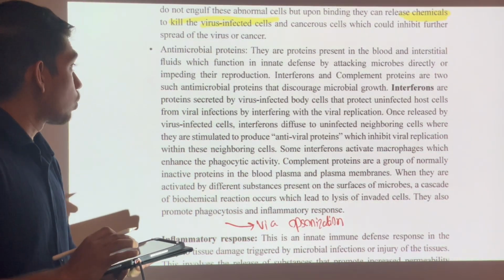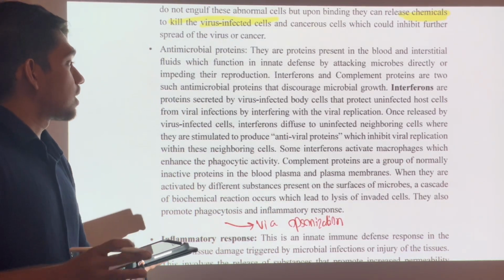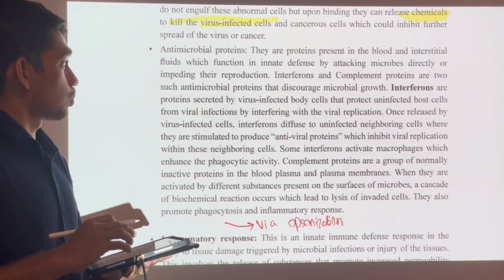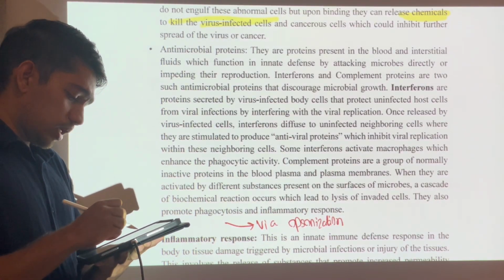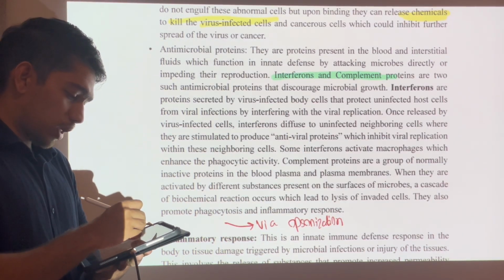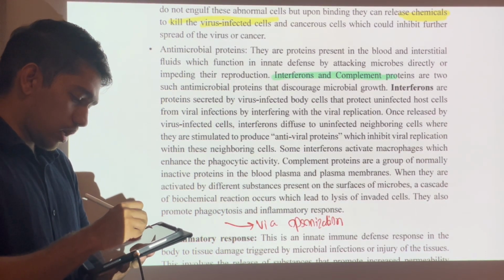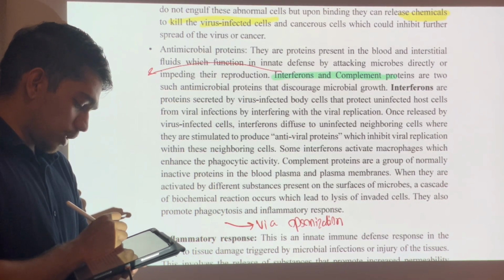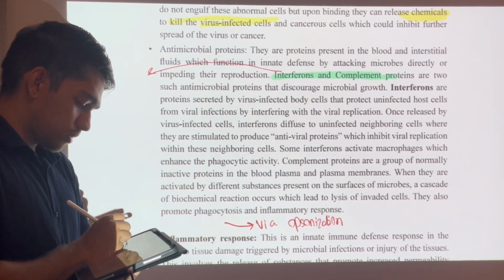Then we come to antimicrobial proteins, right? That is actually an umbrella term that they have given in your resource. So they are including interferons and complement proteins under it, right? So interferons are actually a category of chemical signals known as cytokines, right?